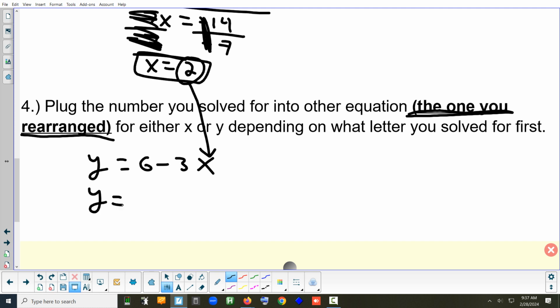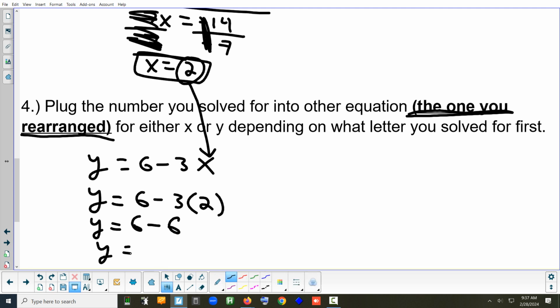So we get y equals 6 minus 3, and what's going to go inside those parentheses? 2. All right, let's do that out. Y equals 6 minus, what's 3 times 2? 6. And what's 6 minus 6? 0.